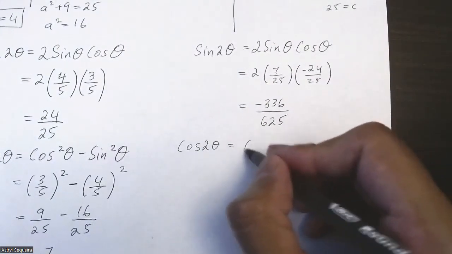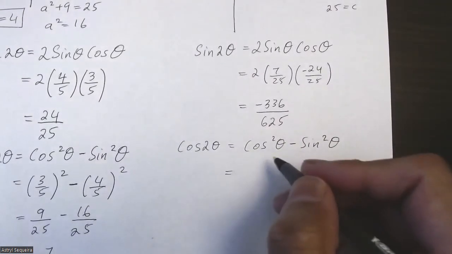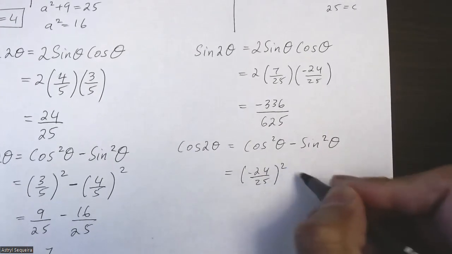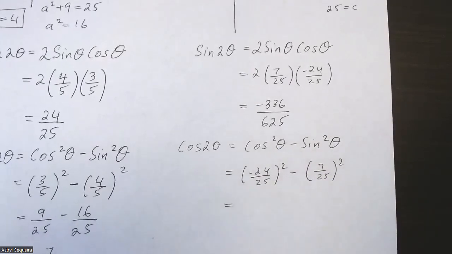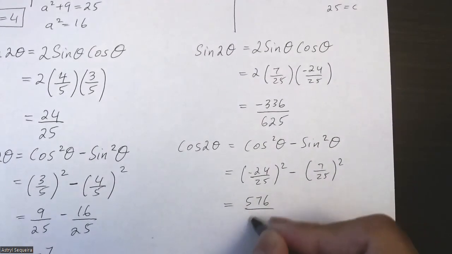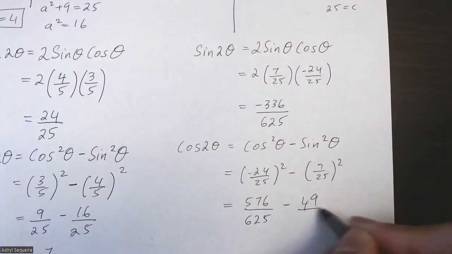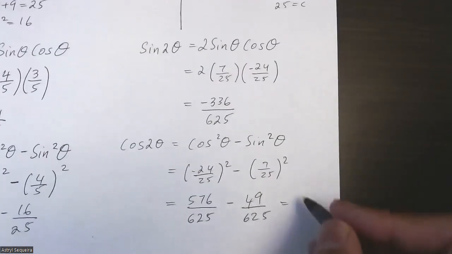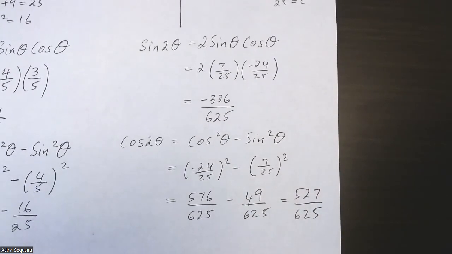So cos 2 theta is cos squared theta minus sine squared theta, which is negative 24 over 25 squared minus 7 over 25 squared. 24 squared is 576, so this is 576 over 625 minus 49 over 625, which is just 527 over 625.